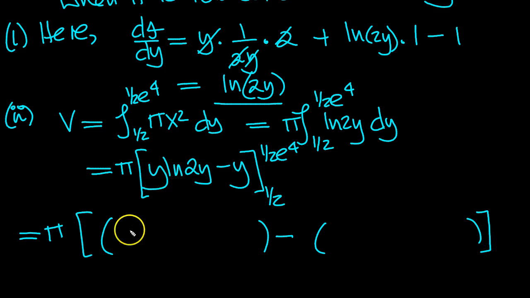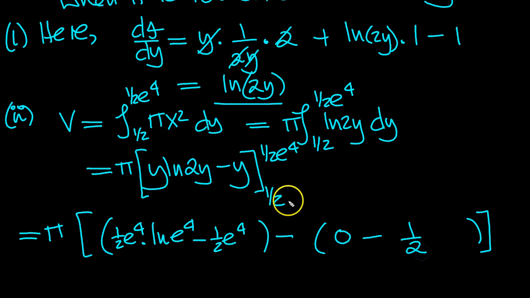So it's going to be a half e to the 4 then, times ln of 2y, so 2y of these is going to be e to the 4, minus y, which is a half e to the 4, minus the bottom value, put half in here, log 1 is 0, thankfully, minus a half here. So the log 1 was 0, so that was good.